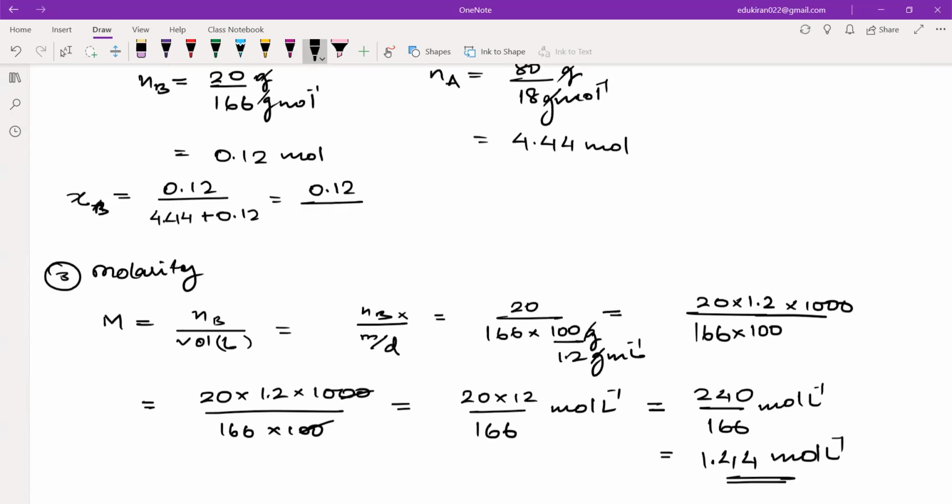So 0.12 divided by 4.56, that is 12 upon 456. Okay, so you'll calculate this value for mole fraction.